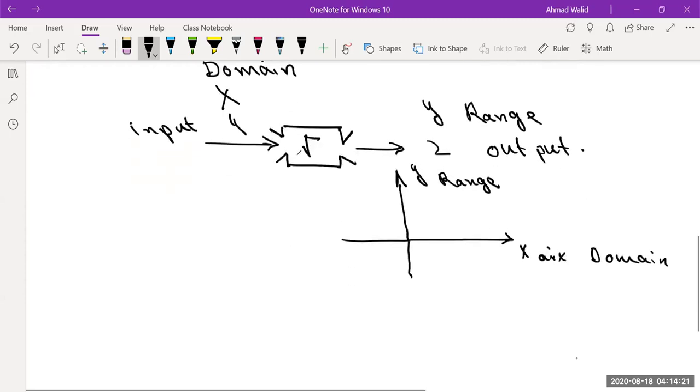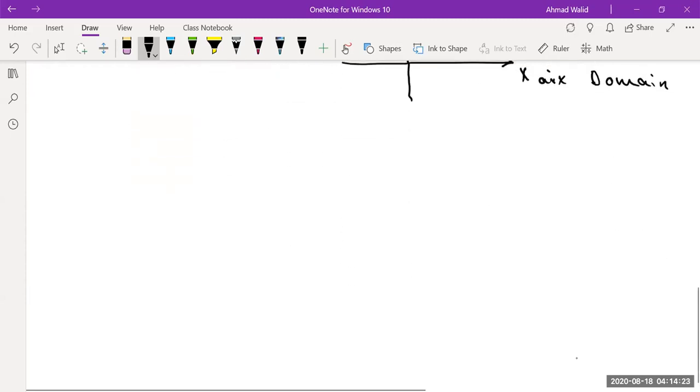That's why I'm focusing so much, because I saw this problem a lot with my students. Sometimes when I give them a graph and ask, okay, can you find the range and domain for me? They don't know how to read it. They don't know what is domain, what is range. They don't know which axis shows the domain, which axis shows the range.